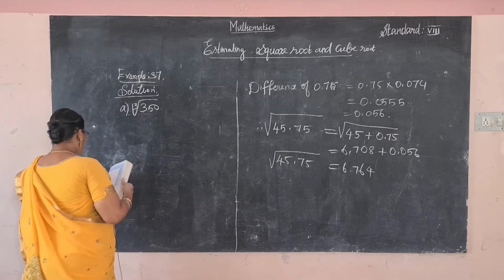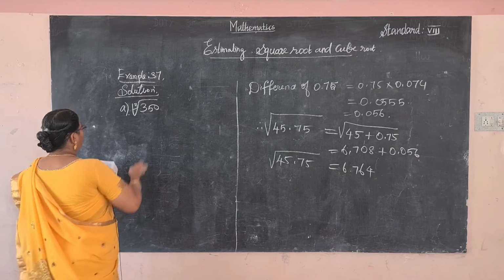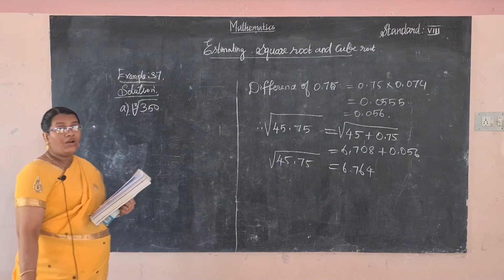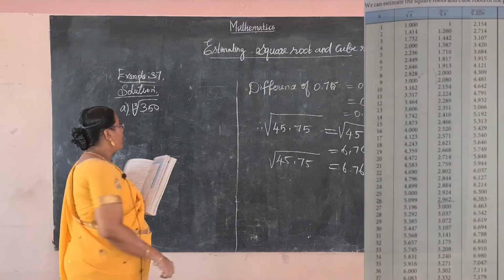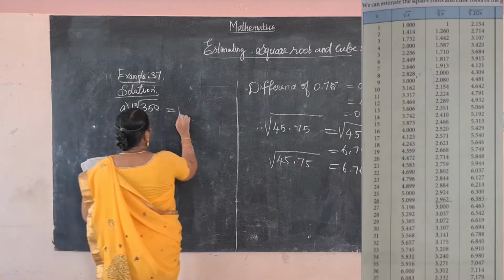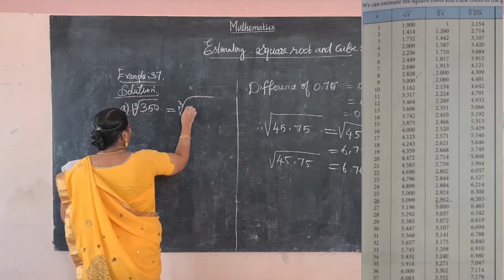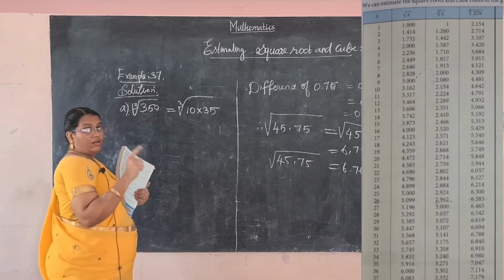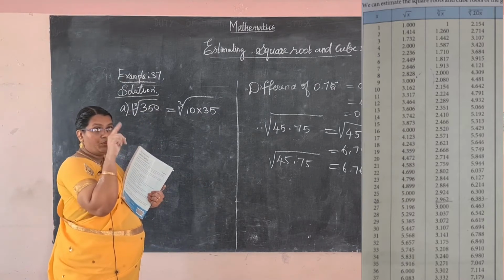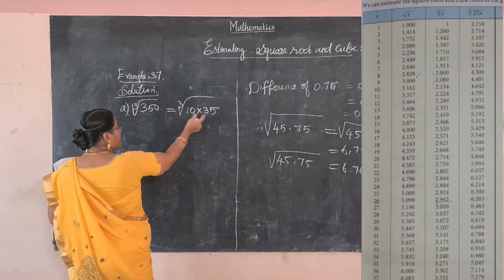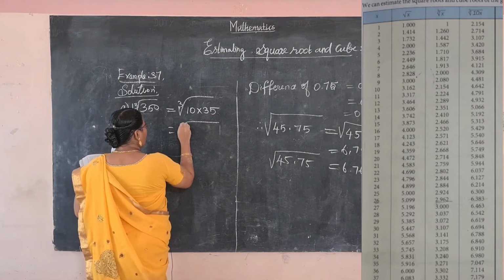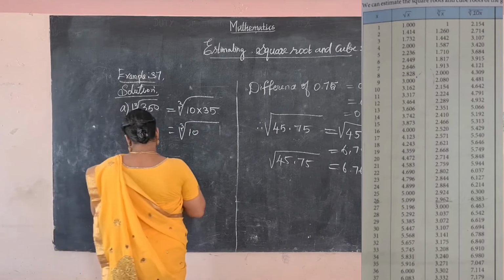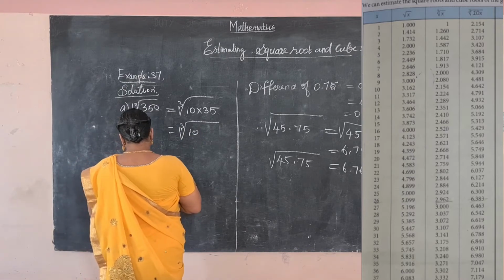So here there is a 0, so we can write it in the cube root of 10x form. How can you write the cube root of 10 into 35? The form is the cube root of 10x, so 10 into the x value. The x value is 35.